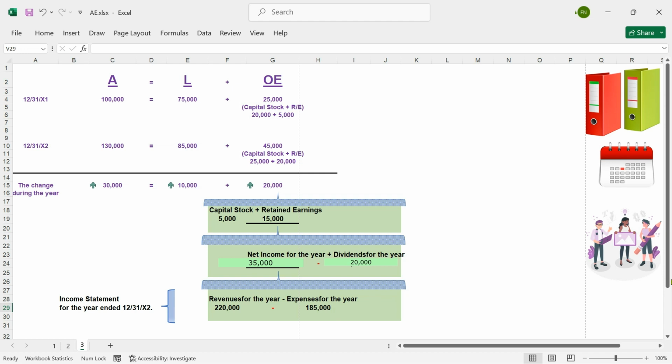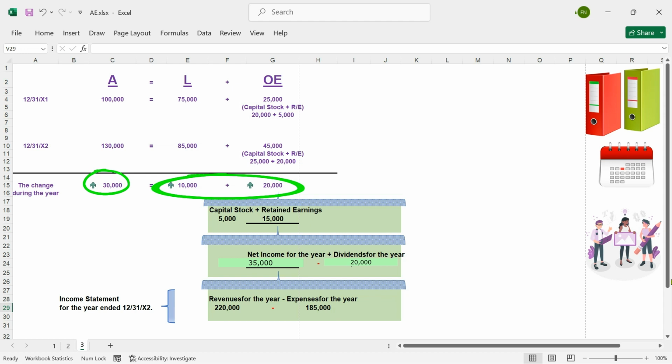during that current year. One of the things that I want to point out here is that just as we have mentioned that assets equals liabilities plus owner's equity, if you put a delta before each of these elements or calculate the change in total assets, any change in total assets during the year must be equal to any change in liabilities plus any change in owner's equity.